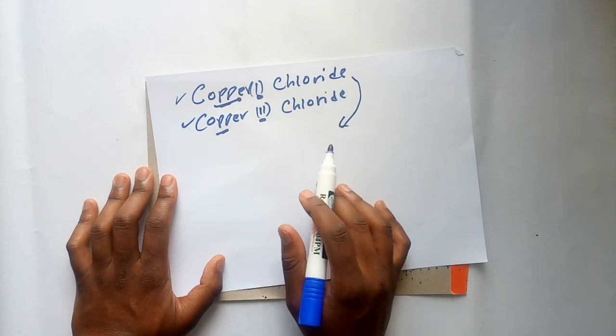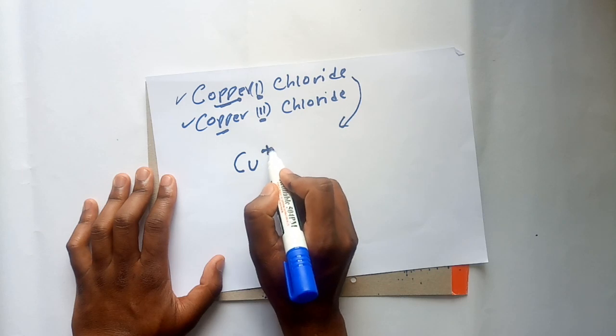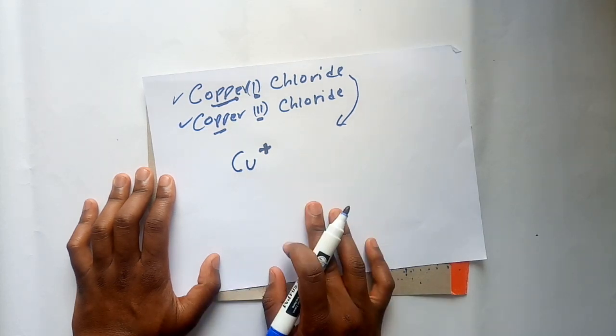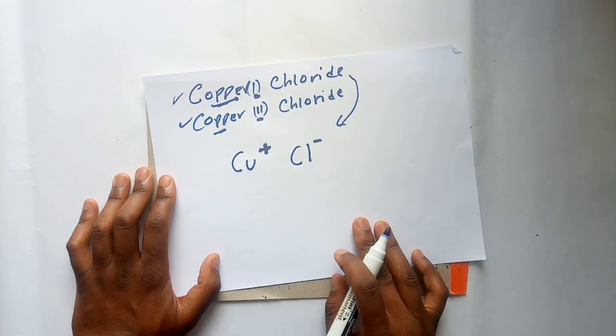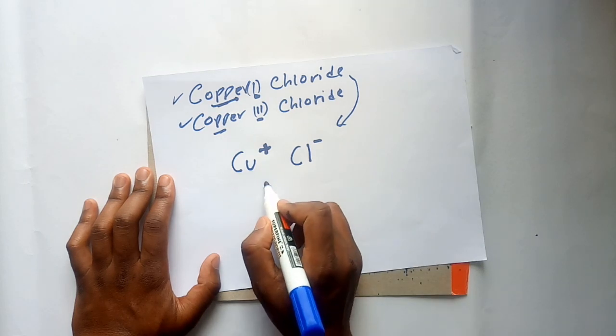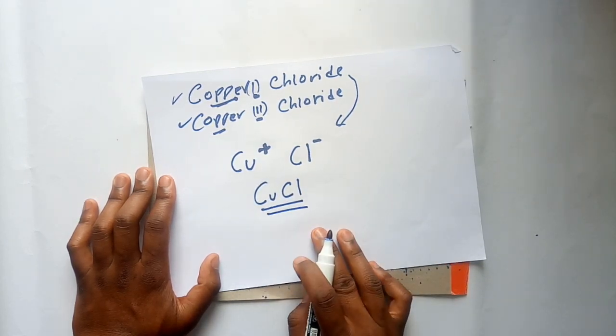When writing the formula of the first one, copper has a positive charge, 1 positive, and chloride has a negative charge. Therefore, the formula becomes CuCl.